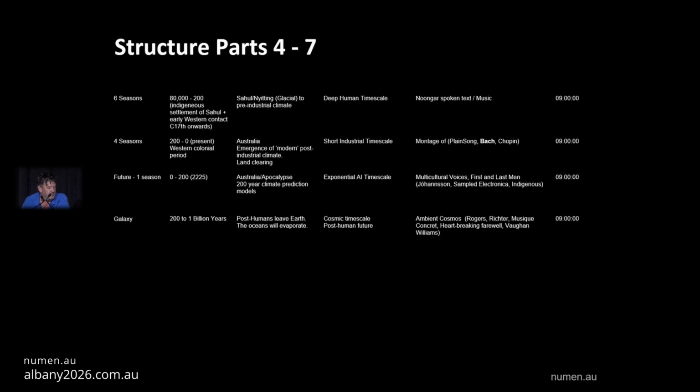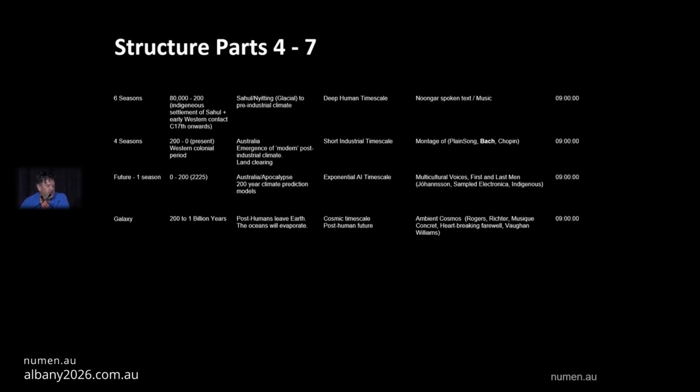And then we'll pop into the 200 years ago to the present as part of Albany 2026. What's interesting there, I think of it as zooming in: we've got this very large time period, and we're gradually zooming in and in and in to smaller periods of time and looking at how we can visualize data pertinent to those time periods.